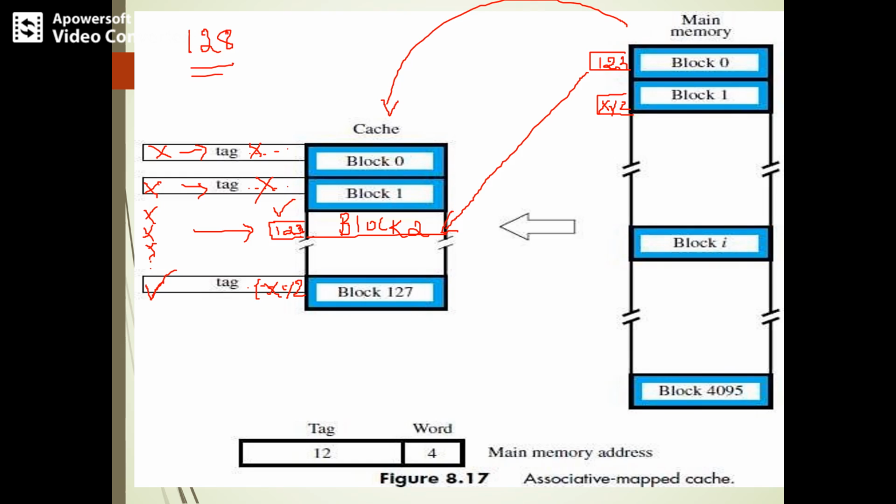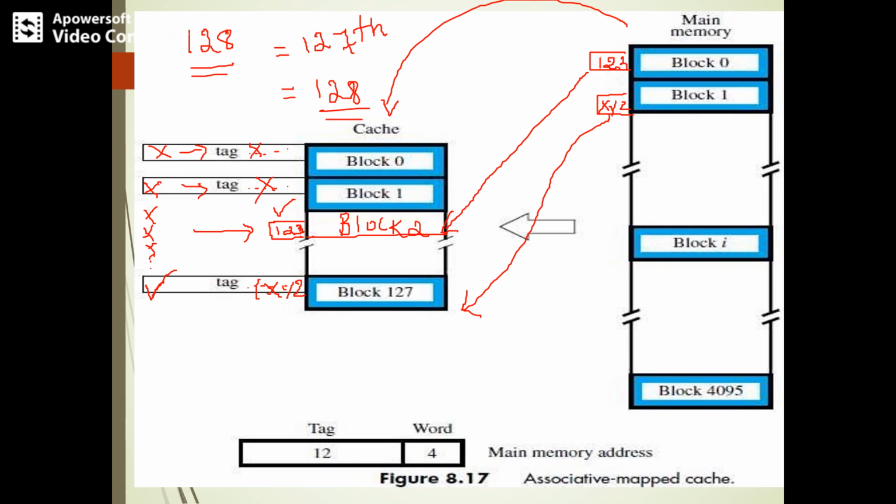Out of 128, up to the 127th it was not successful, and at the last one, the 128th, the tag bits matched. At that instant I can say that block 1 can be mapped into block 127 of the cache.